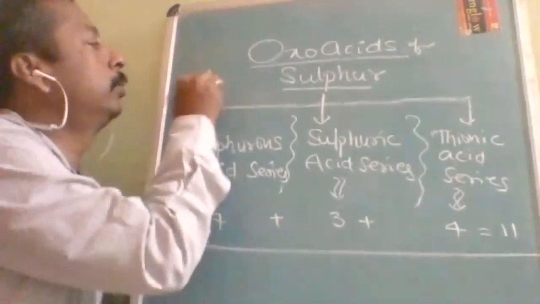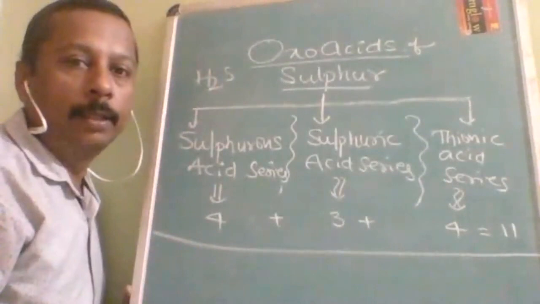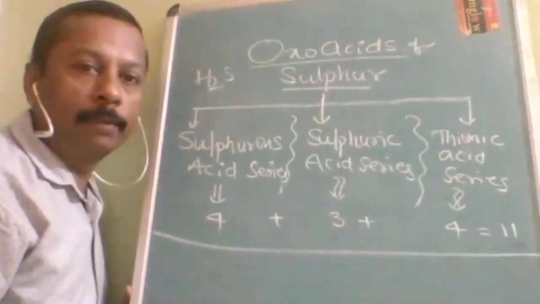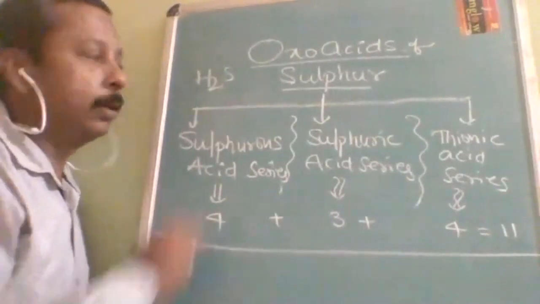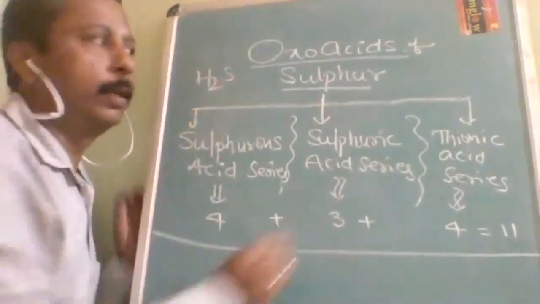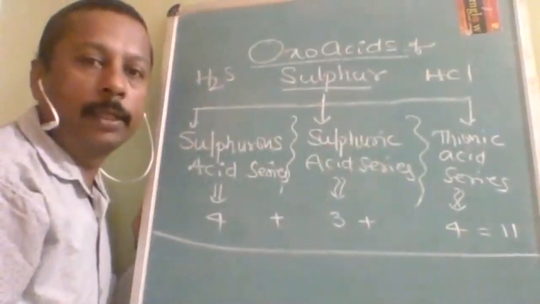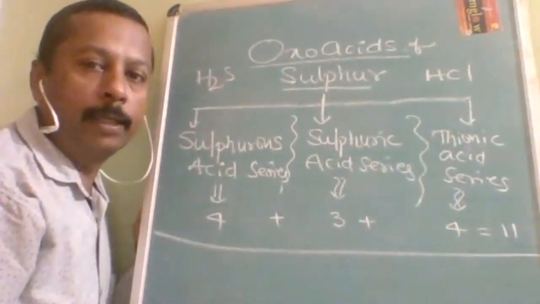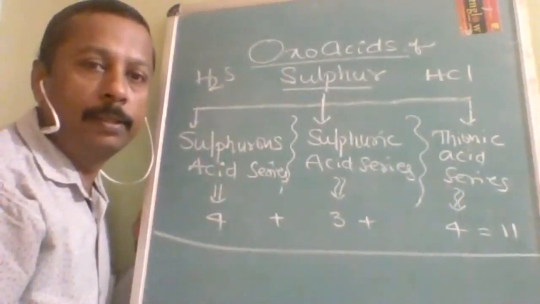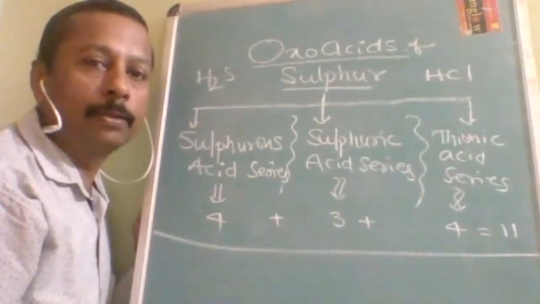Let us take H2S. It is an acid, but which type of acid? Hydracid, because hydrogen and an electronegative element are there. HCl is a hydracid. But when we add a third element, what is that third element? Oxygen. When oxygen is added as a third element, that acid becomes an oxoacid.